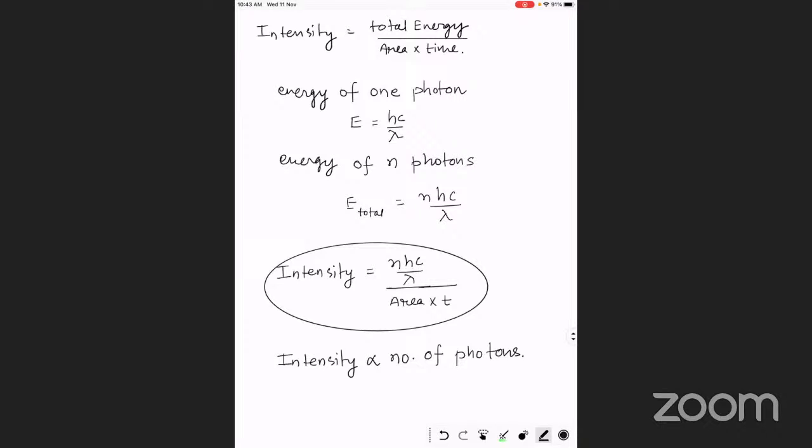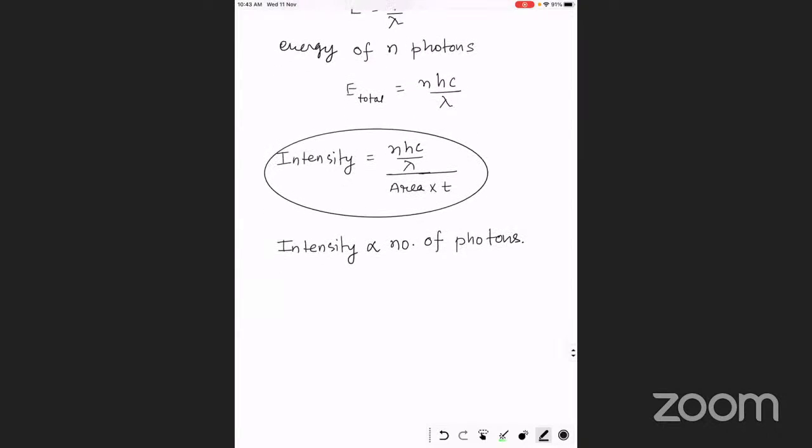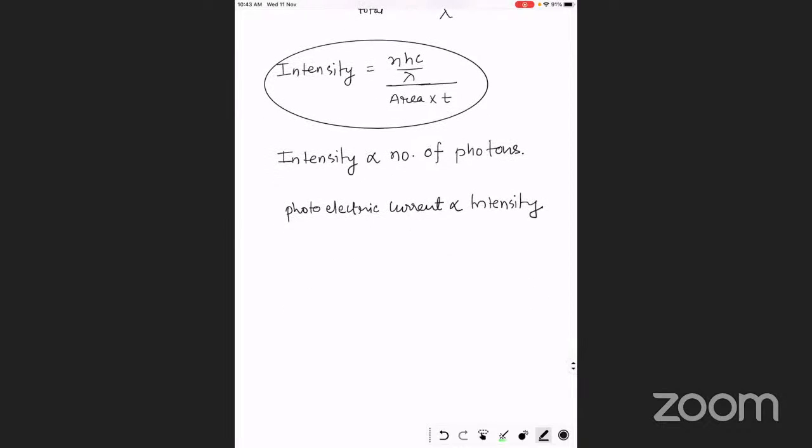And one of our observations says, if you want to increase current, you will have to increase intensity. And intensity and current will increase in the same proportion, right? So one of the most important observations says the photoelectric current is proportional to intensity of incident radiation.